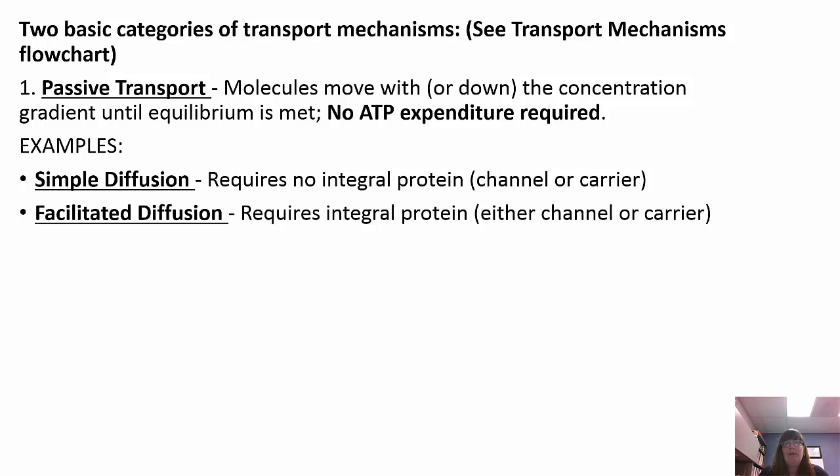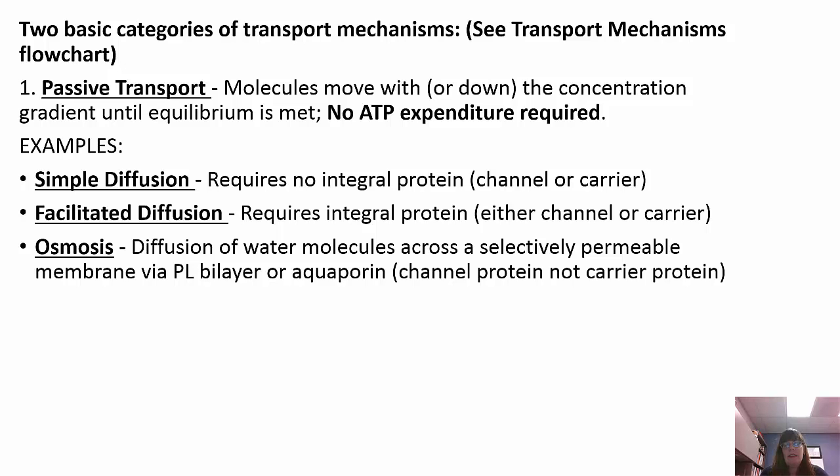Some examples, simple diffusion. There isn't an integral protein involved. The molecules simply pass right through the plasma membrane, like carbon dioxide and oxygen, for example. Or facilitated diffusion, where an integral protein is required. So it can either be a channel protein or a carrier protein, but they will go right through.